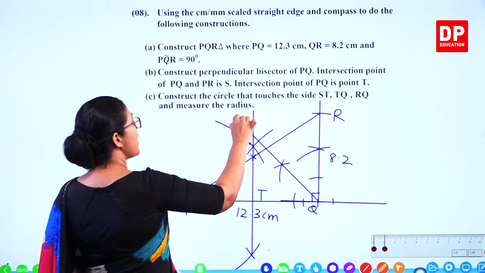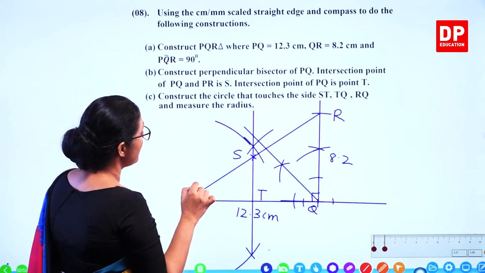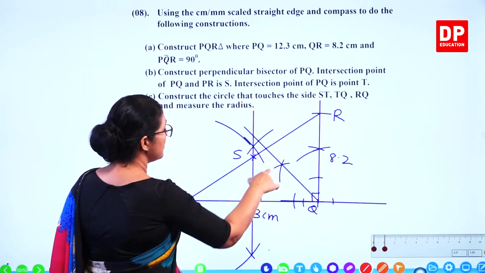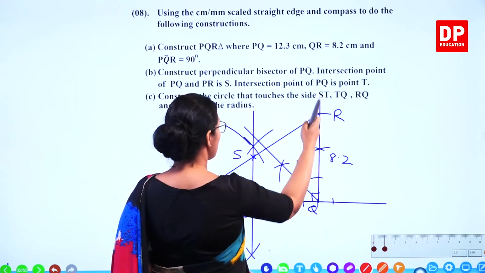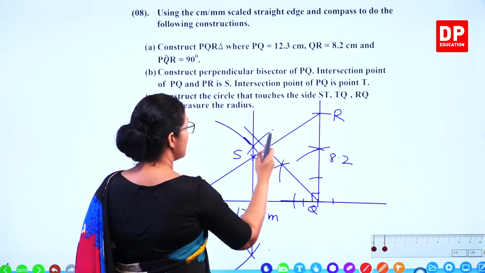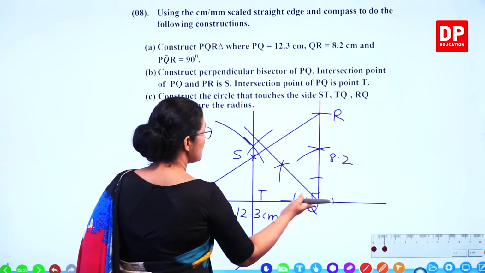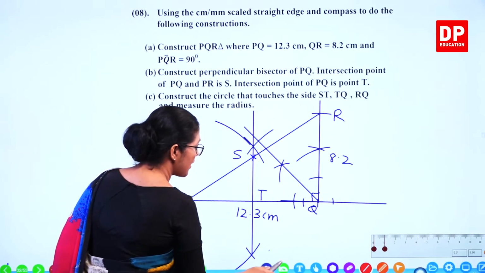So this is one angle bisector. So we'll draw another angle bisector here. This angle, because we need to draw a circle that touches this one and this one. So we can draw another angle bisector.